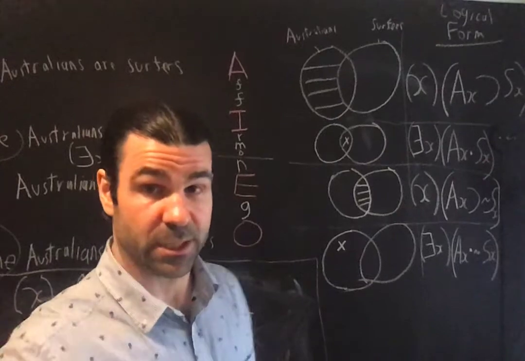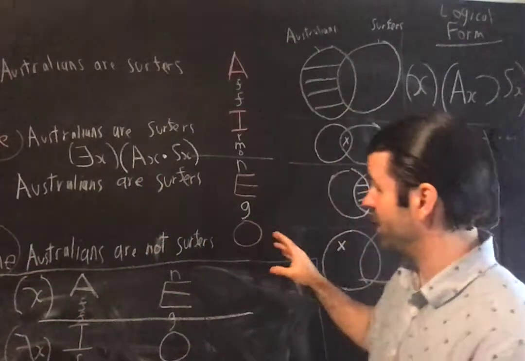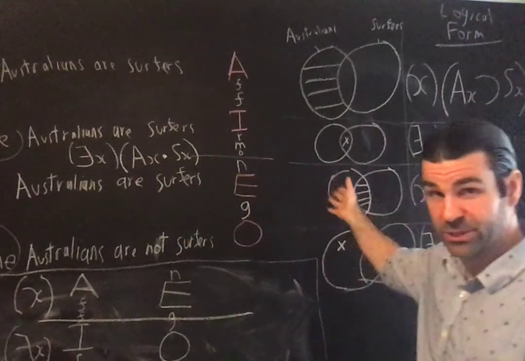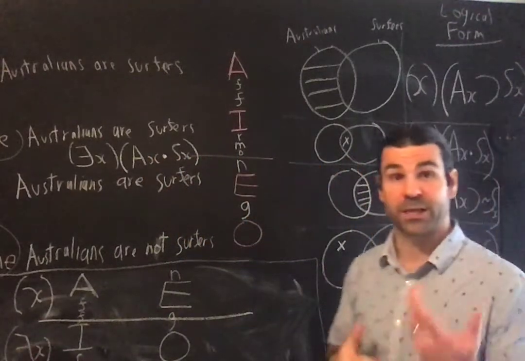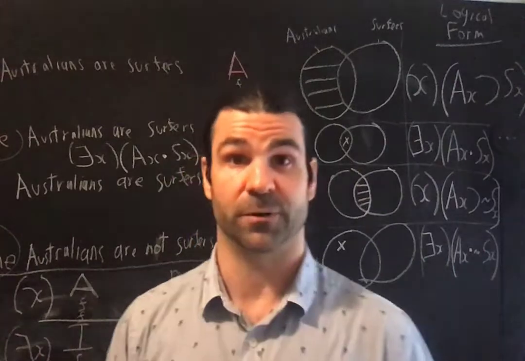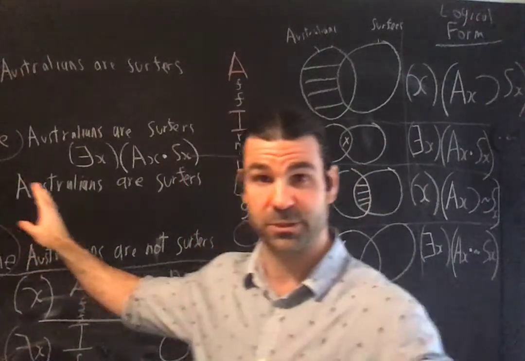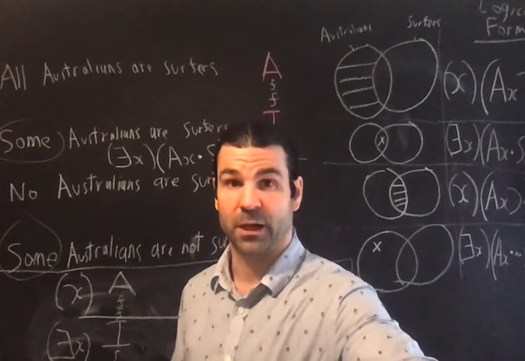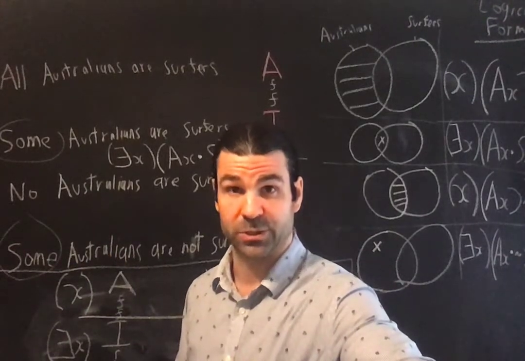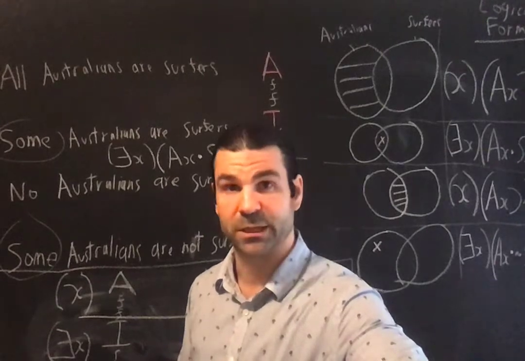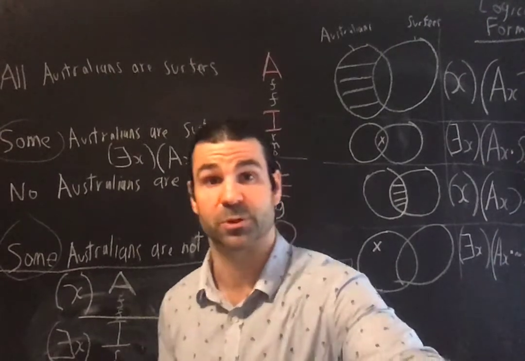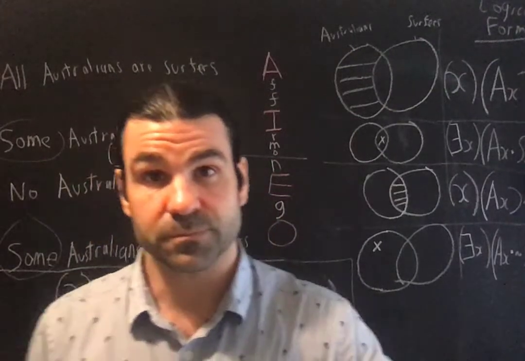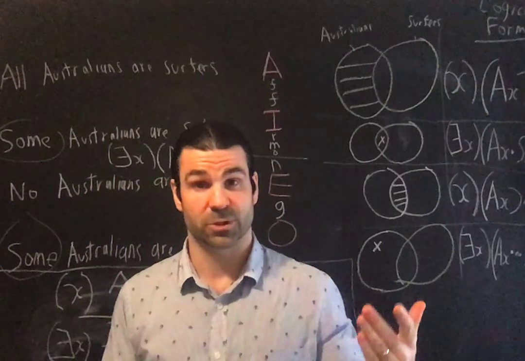In each of these examples, the same subject class and predicate class is involved. Each of these 4 categoricals asserts a relation between the class of Australians and the class of surfers.